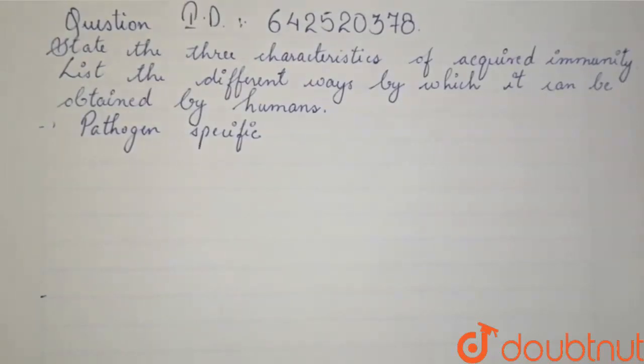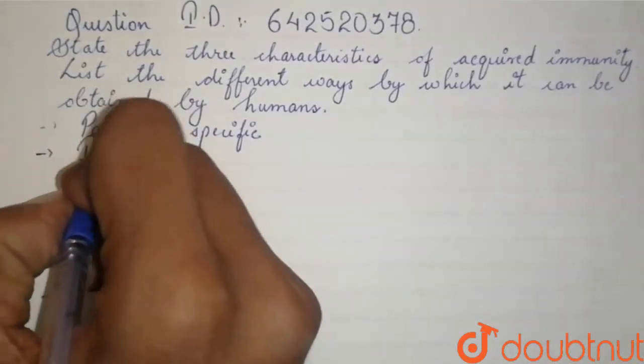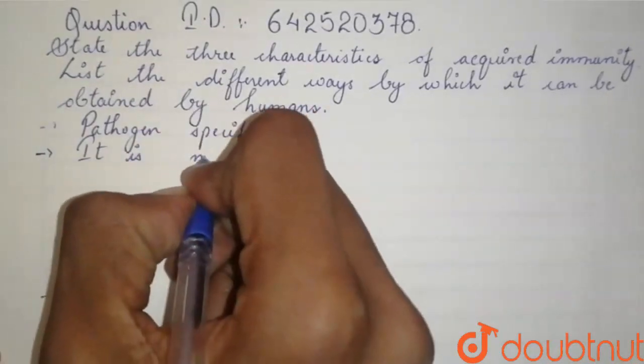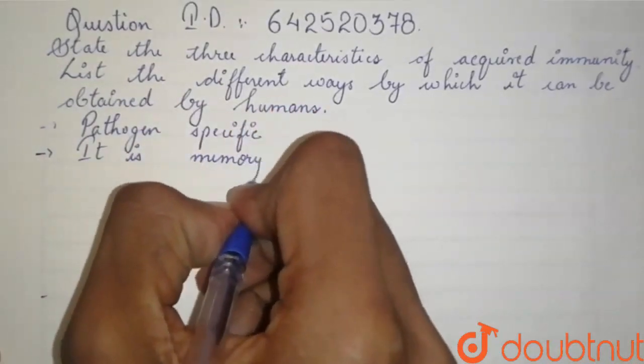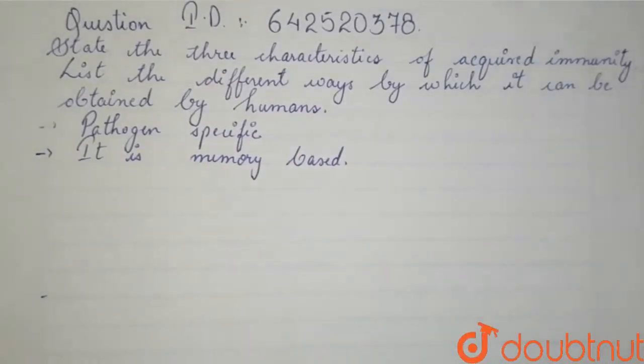Next, we can say that acquired immunity has a memory, that is, it is memory based. Now, we can ask, what is a memory? Memory based means that every time our body encounters a pathogen, our body keeps a memory of that specific pathogen and the type of antibody that is produced.